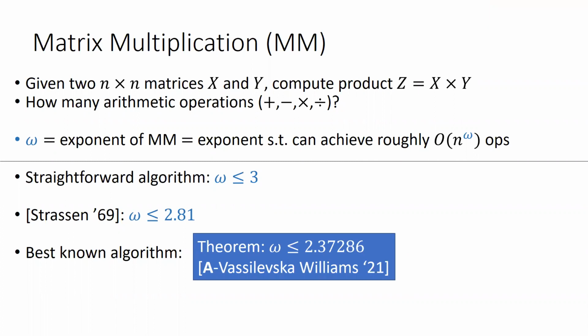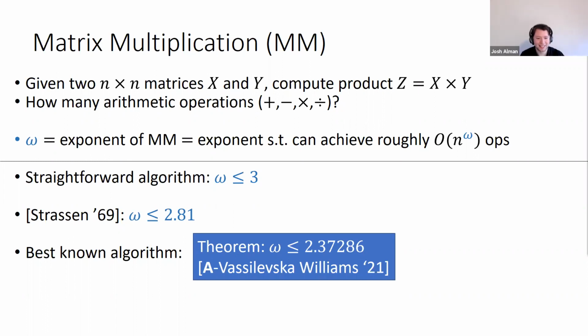But Strassen's algorithm is used in practice. The algorithms after Strassen's algorithm have not, to my knowledge, been effective in practice. Some of them have been implemented, but they're not very effective because of big constant factors.